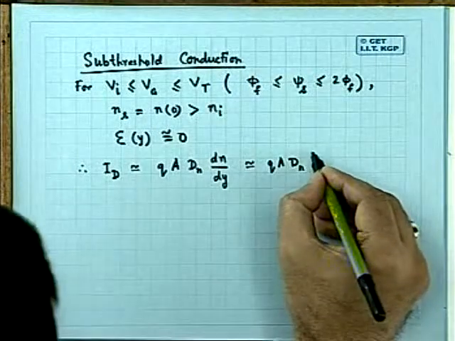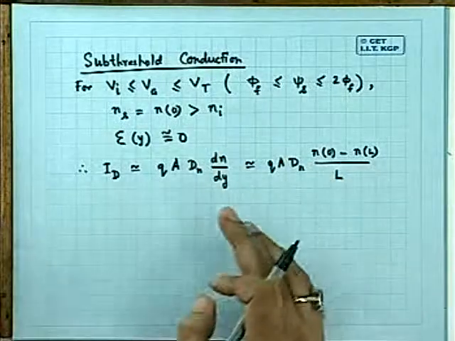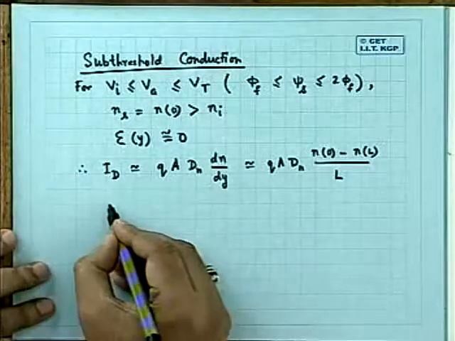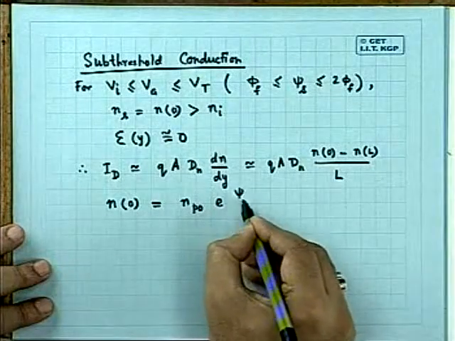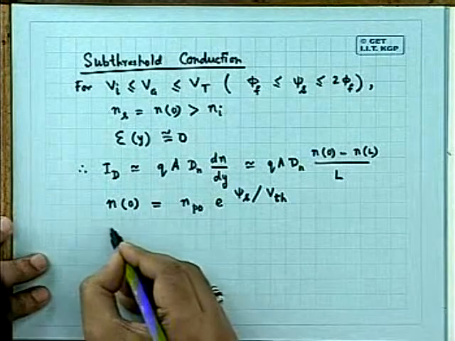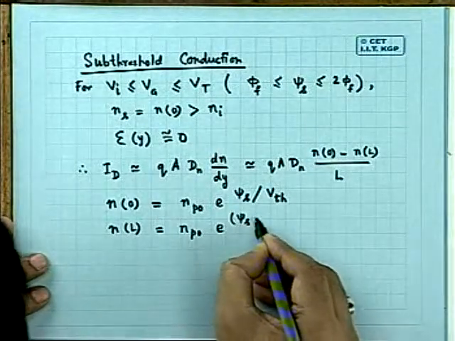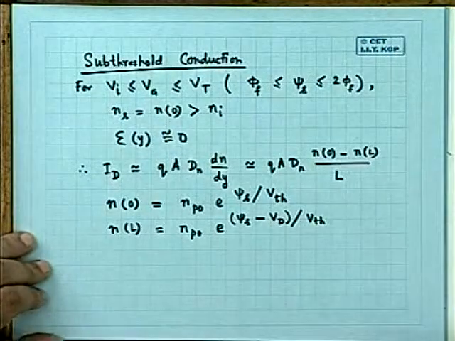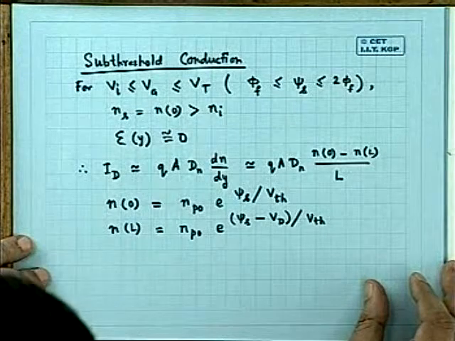The dn/dy, I linearize it and assume it to be the slope between the 2 endpoints, assuming a linear distribution, where n0 at the source end is np0 e to the power psi s by Vth, and nL is equal to np0 e to the power (psi s minus Vd) by Vth, assuming a small Vd applied.